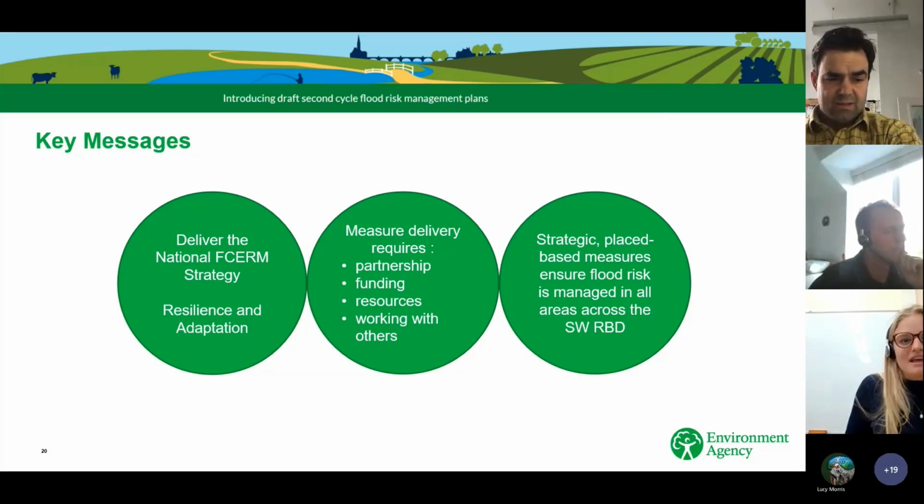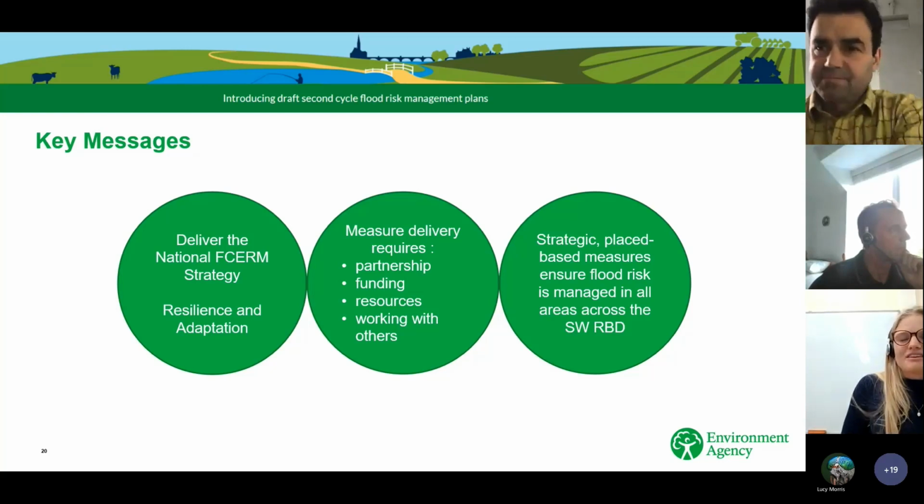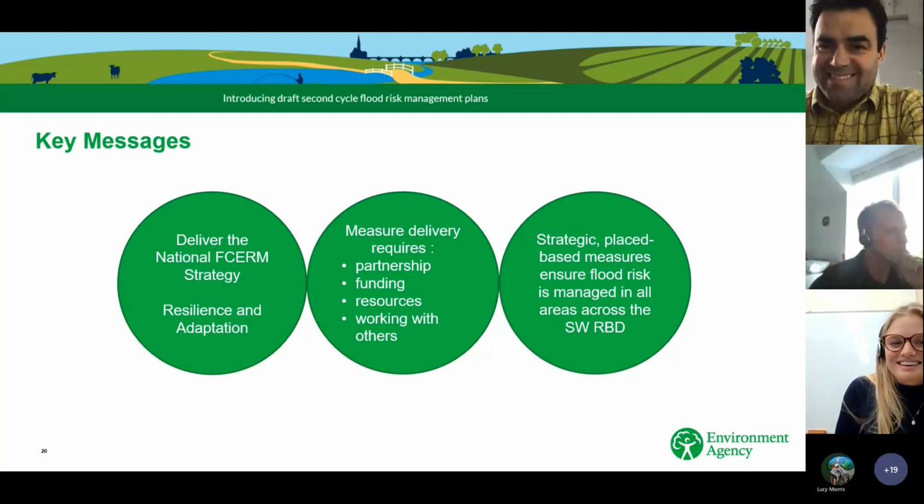And then finally, the measures are strategic and place-based. Some of them, in terms of flood risk area measures, are highly detailed, but across the whole of the Tamar management catchment we can't be really detailed, so we've captured that through our strategic and place-based measures.